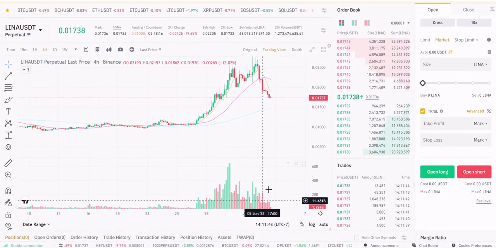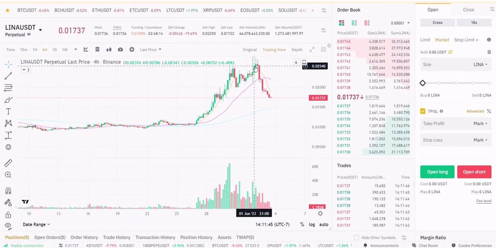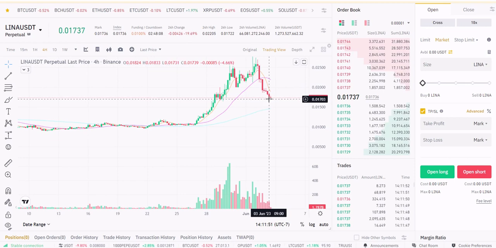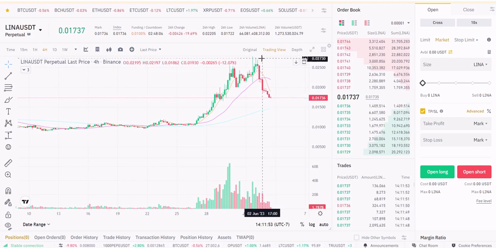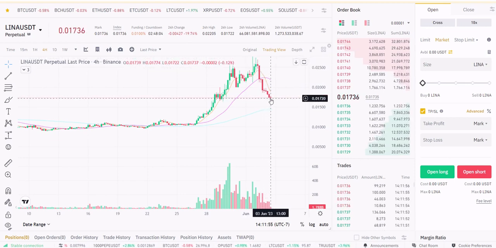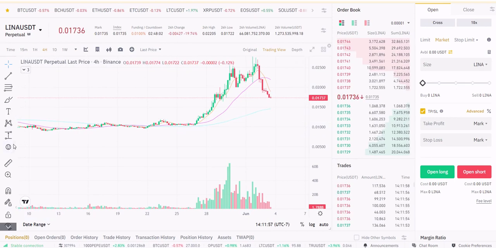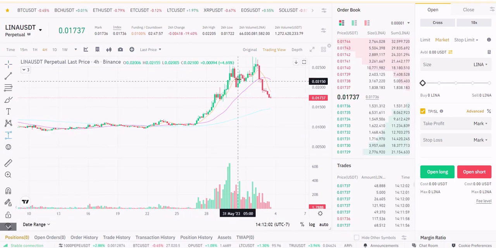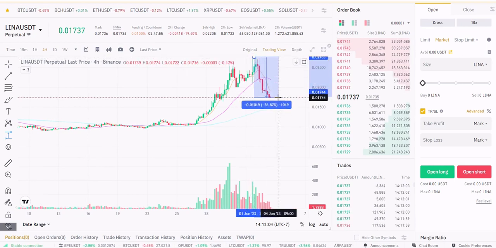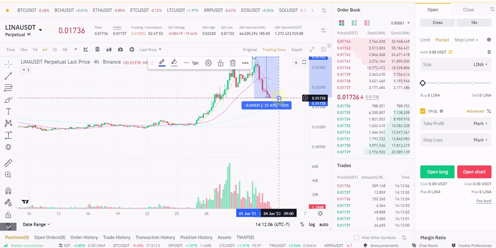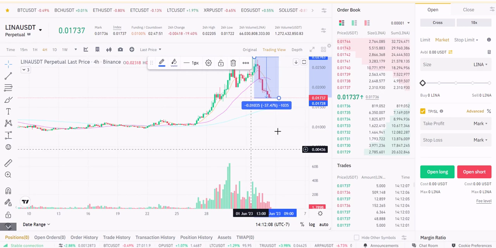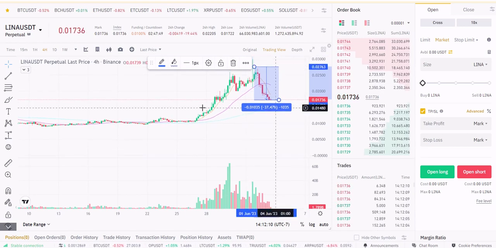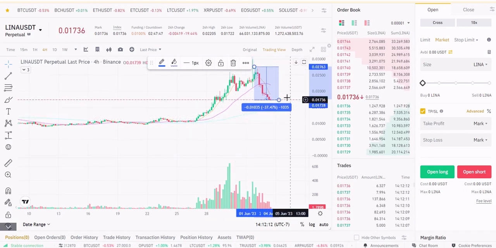Actually, the top was very early on June 2nd. This came down quite a lot. It went to 2,700. It's already down this much, which is, if I use my price range, I can go from here to here and say, well, it's already lost 37%, which is a lot for an altcoin that has gone up this much.